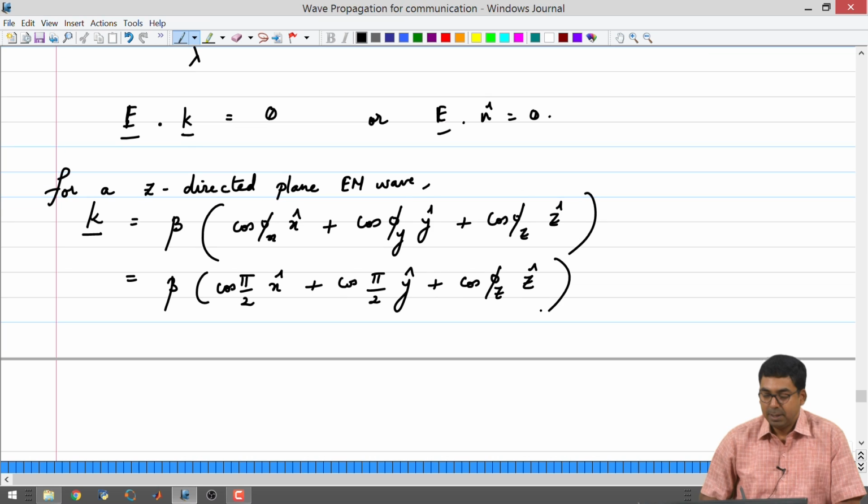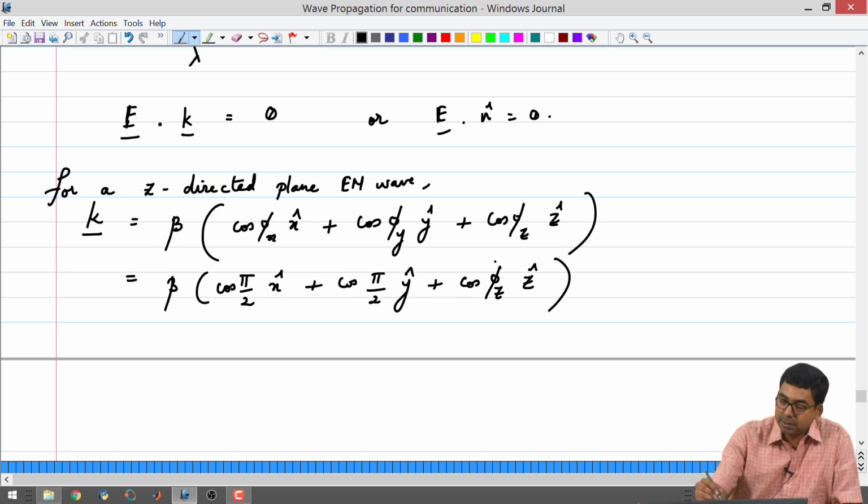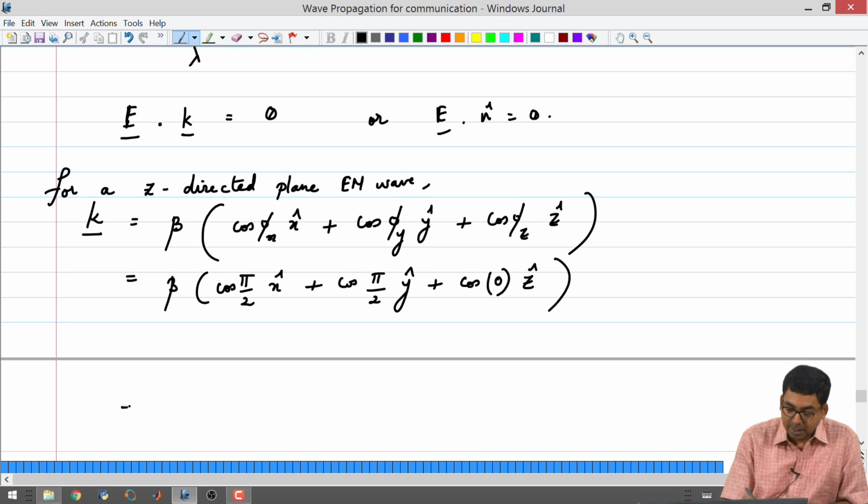Since it is along the z direction, phi z is going to be 0 degrees, or 0 radians. So, I will end up with an expression that just says beta times z hat.